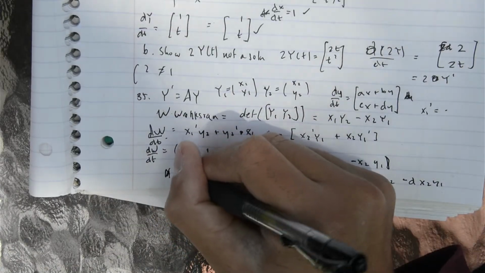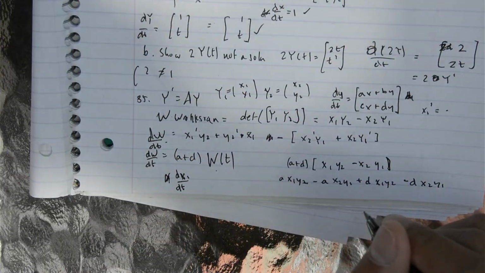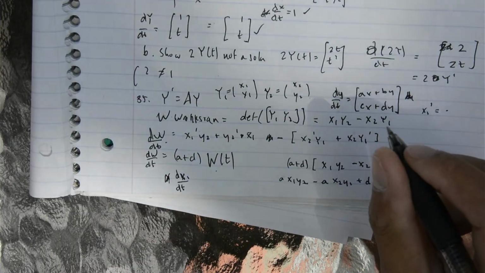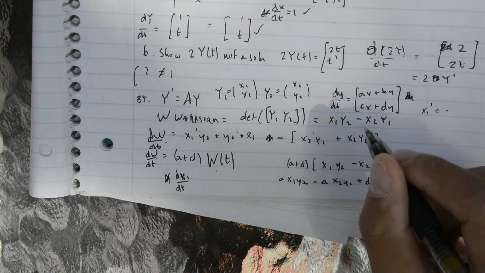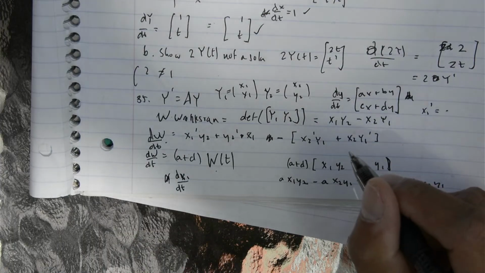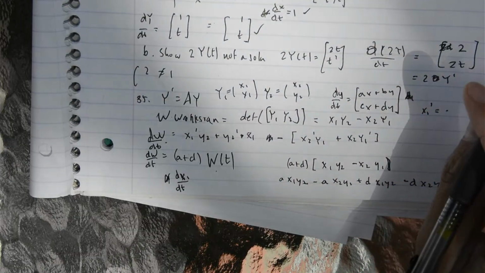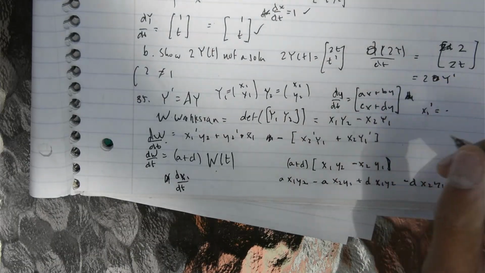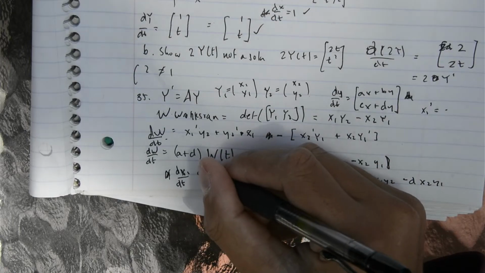What is dx1/dt? Is it not going to be a plus b?